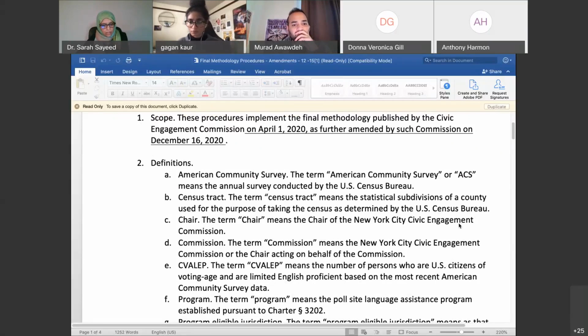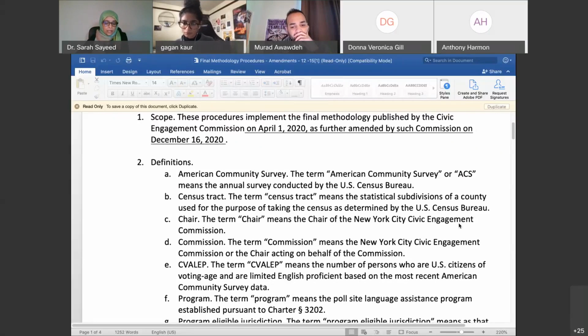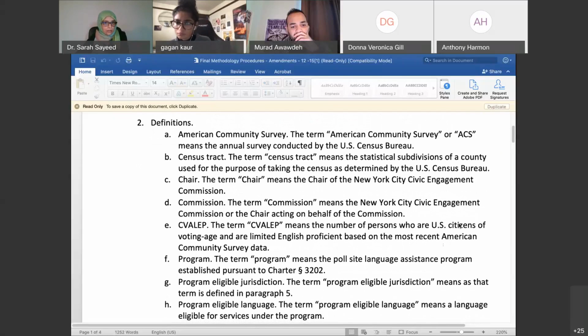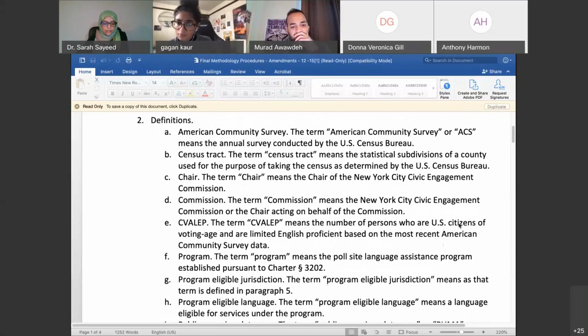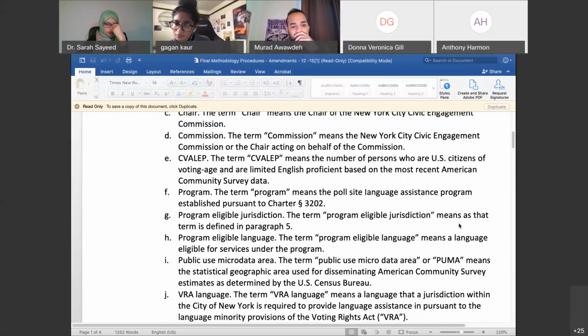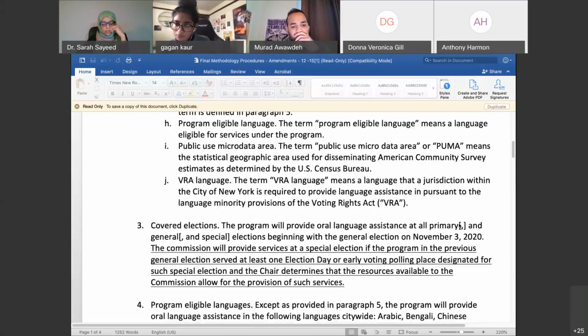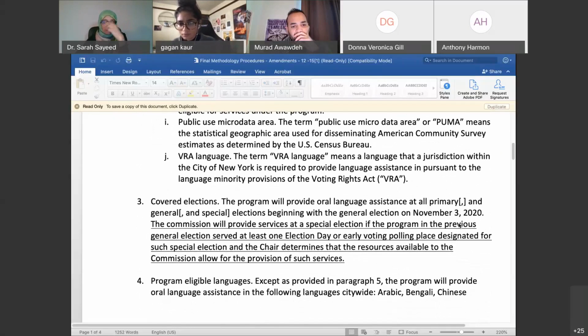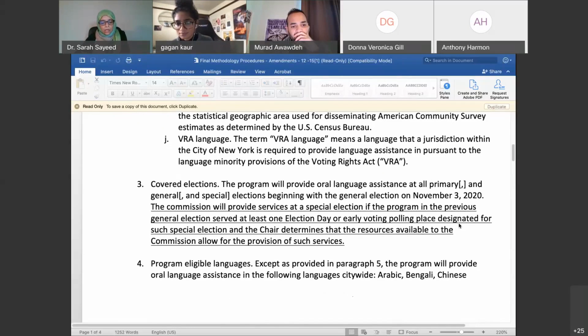Another challenge is that the methodology, as approved in April, does not offer an explicit formula or process for selecting which special election we're going to serve in, if there's several, given that there's going to be finite resources. And we know that, of course, for all the special elections, BOE is going to cover interpretation in the voting rights Act languages in whatever council district there is a special election being held in.